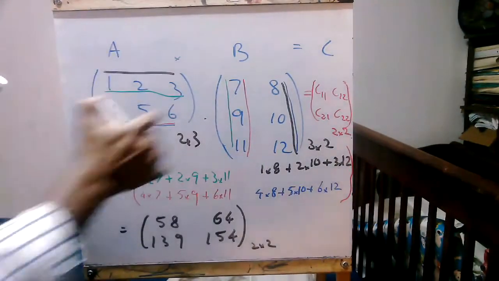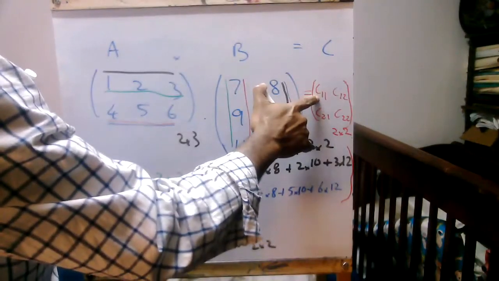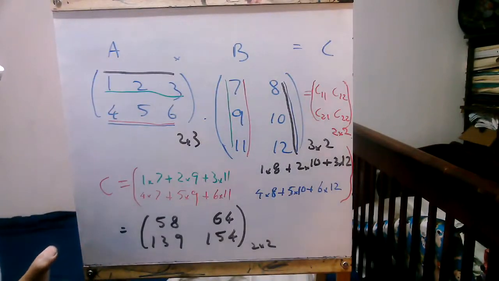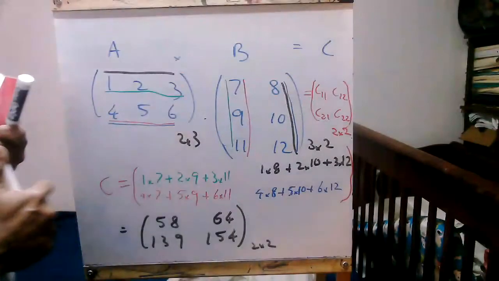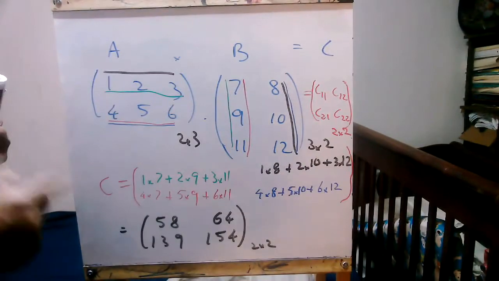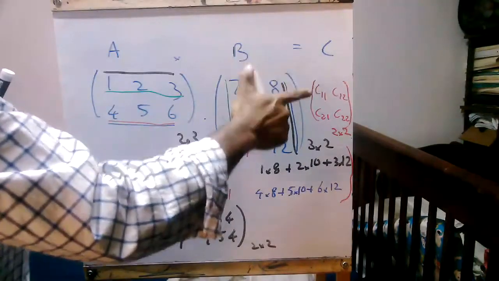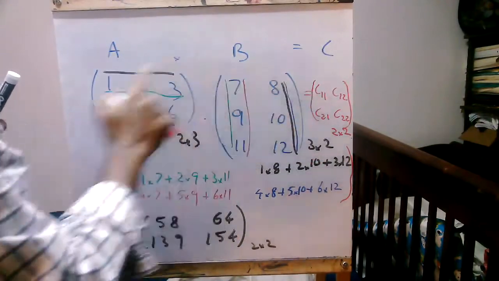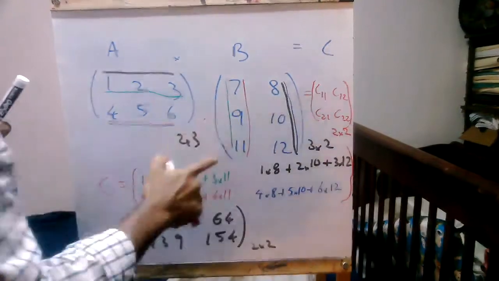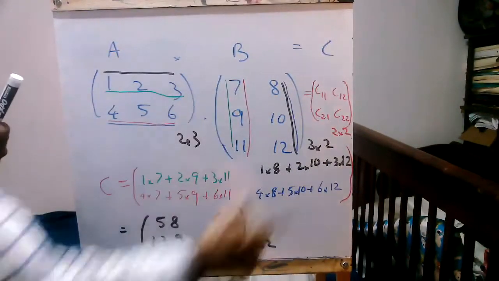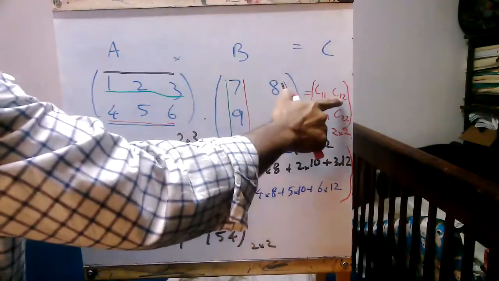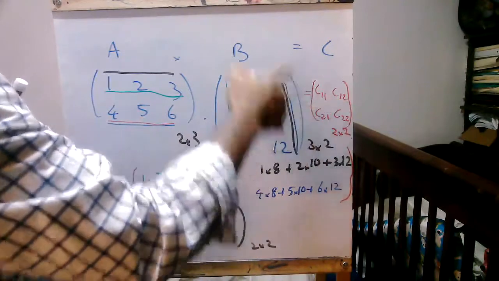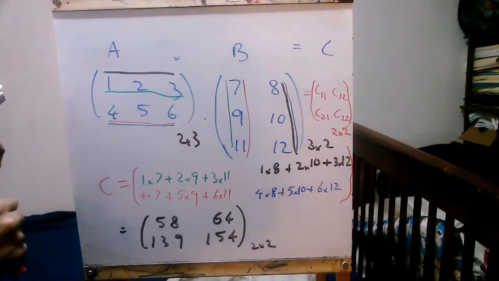Then write down elements in this way: C11, C12, C21, C22. That gives us a good clue about what row and what column to multiply. C11, first row from the first matrix, first column from the second matrix. 1, 2. 1 is the row number. 2 is the column number from the second matrix, right?